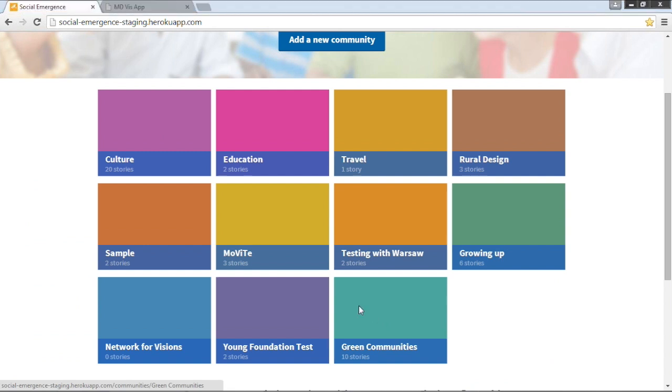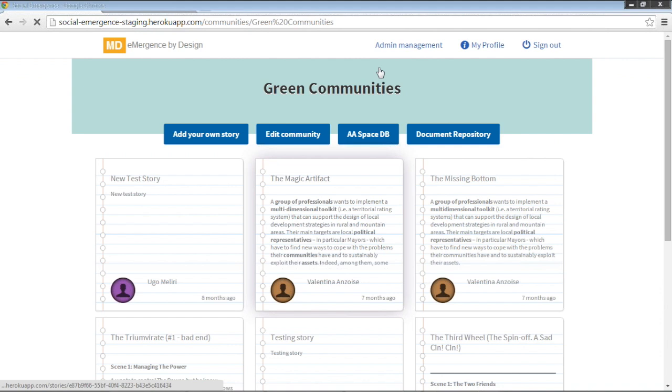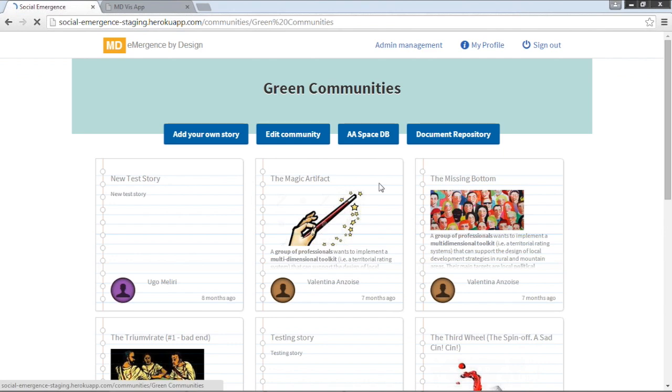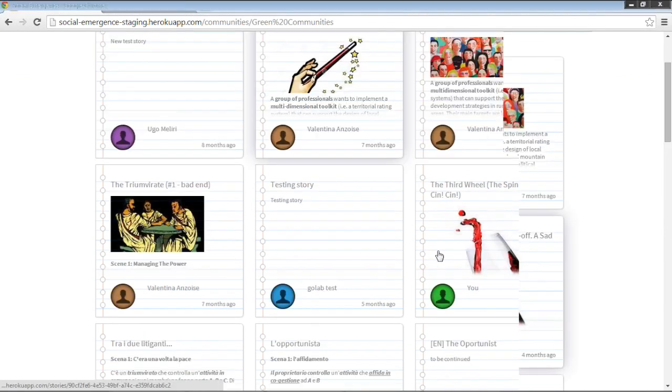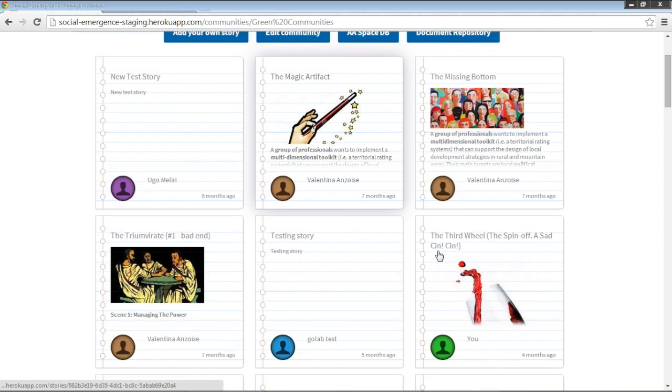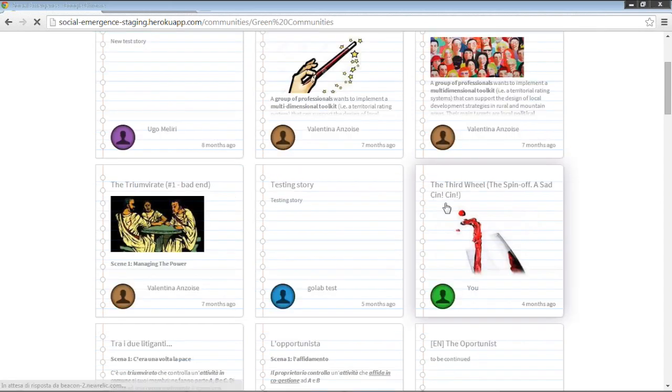Entering a community, a common participant will find just a list of stories. I am an administrator, so I will see different buttons because I am allowed to do different things, but the normal participant will just see the story directory. And a participant can add his own stories to this community and read the stories presented in the portal.